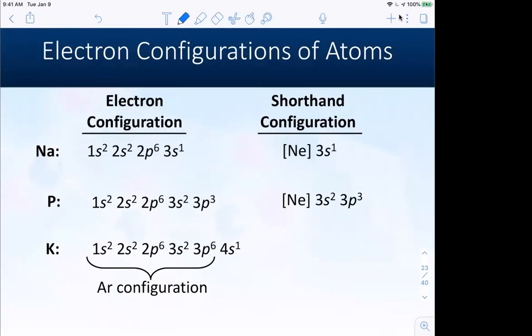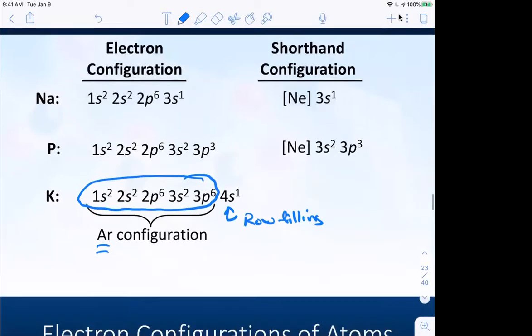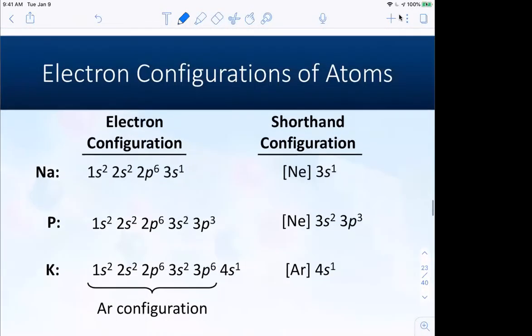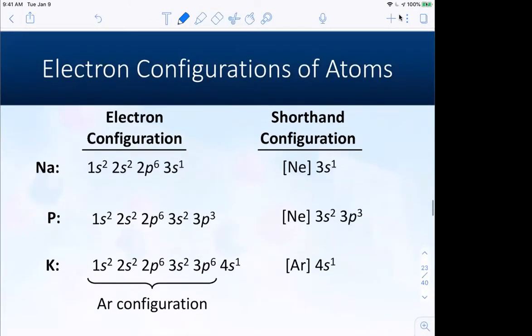If I look at potassium, right, this entire scheme is actually argon. And then this is the row that's filling. And when I think about how to designate that, I can actually use this shorthand configuration. Instead of writing this whole sequence out, I can replace it with that shorthand configuration.